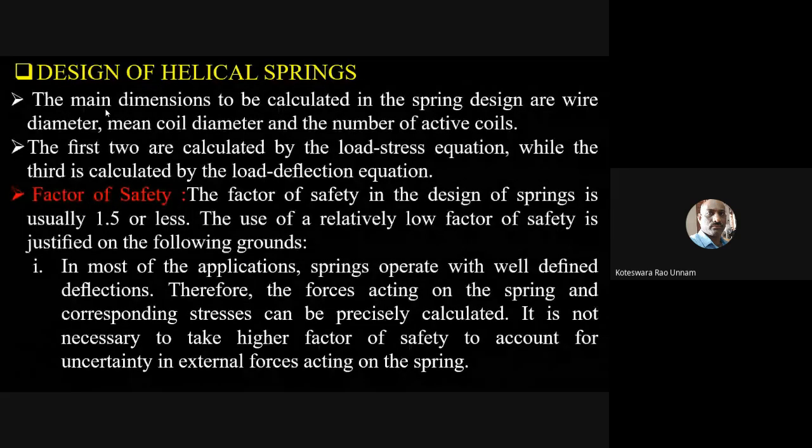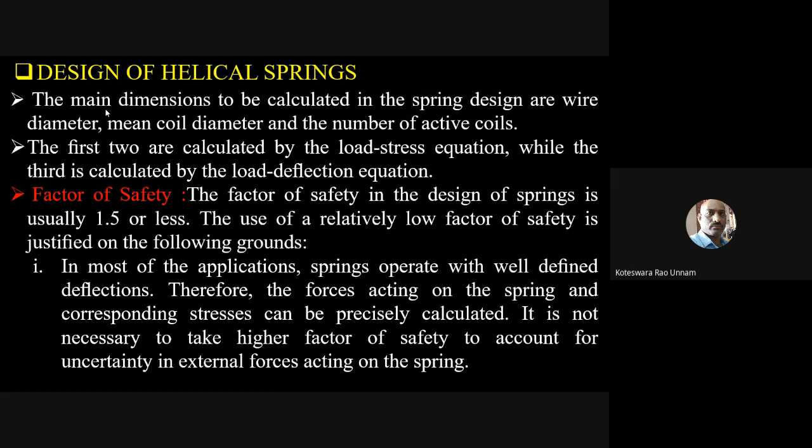That is the torsional shear stress multiplied by the wall stress factor. In that equation, if you know the load and the allowable shear stress, then you can calculate the wire diameter, provided you know the relation between mean coil diameter and wire diameter. So you get those two relations.